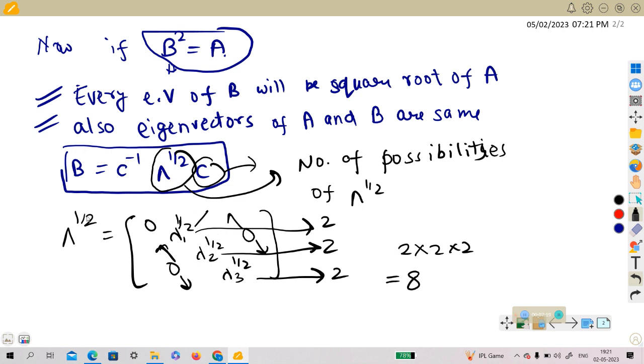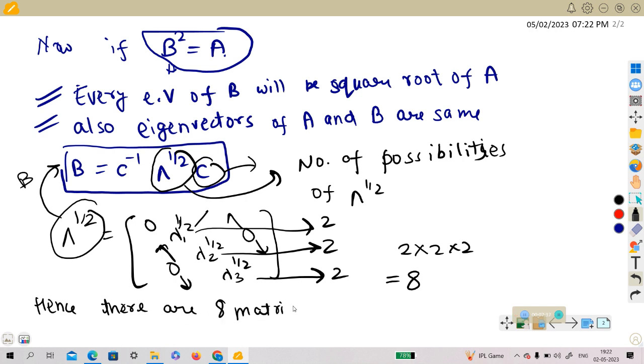So there are 8 possibilities for this matrix, and thus 8 possibilities for B. Hence there are 8 matrices which can be the square root of A.